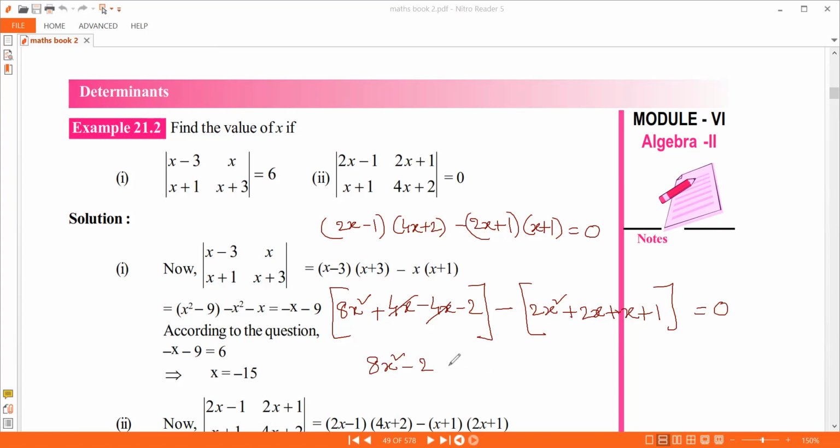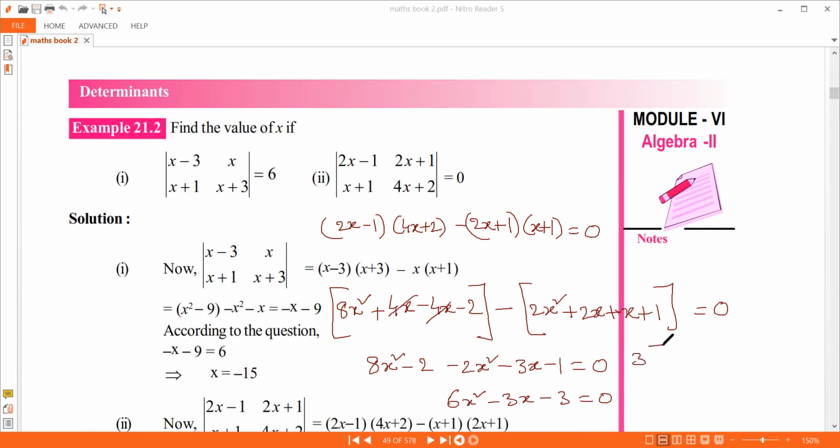This is minus 2x square, minus 2x minus x, that is minus 3x, minus 1, equal to 0. So 8x square minus 2x square is 6x square, minus 3x, minus 3 is equal to 0. You can take 3 as common throughout.